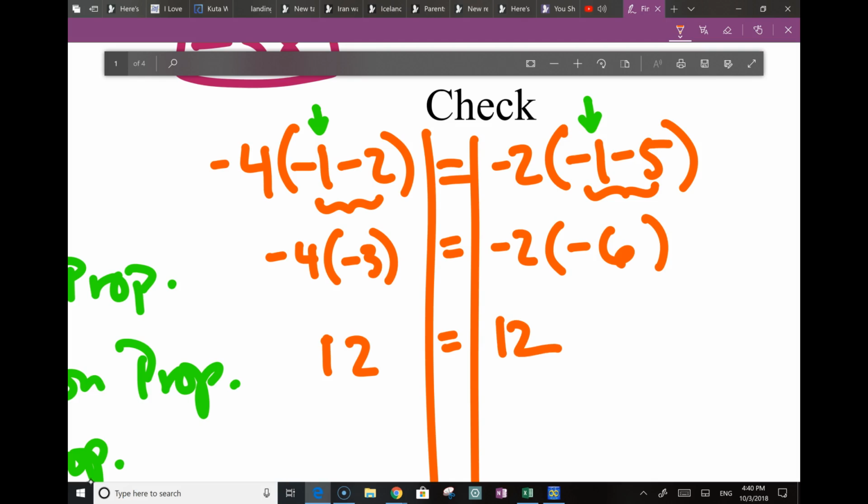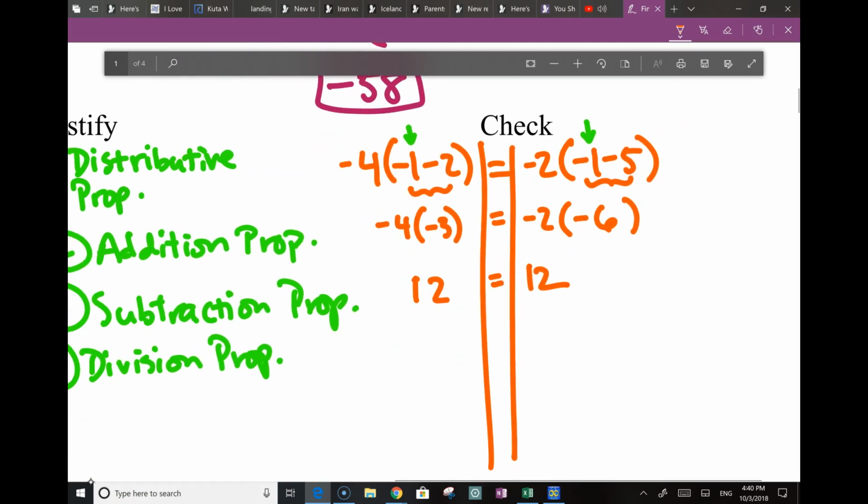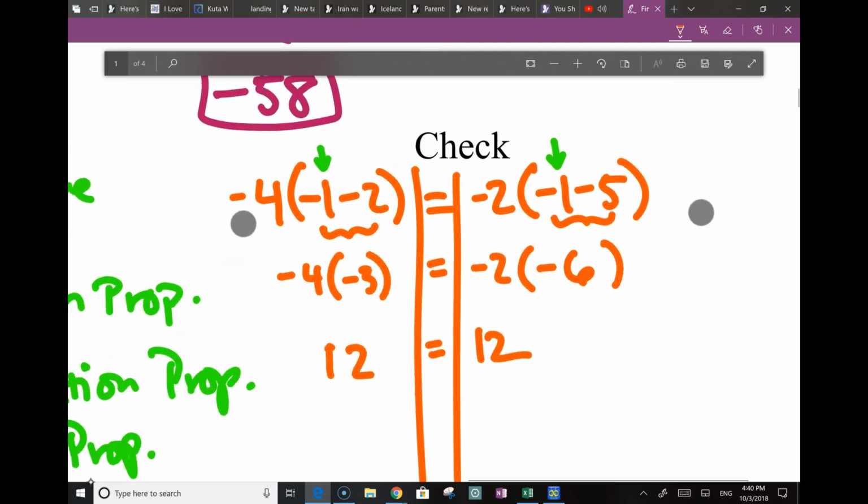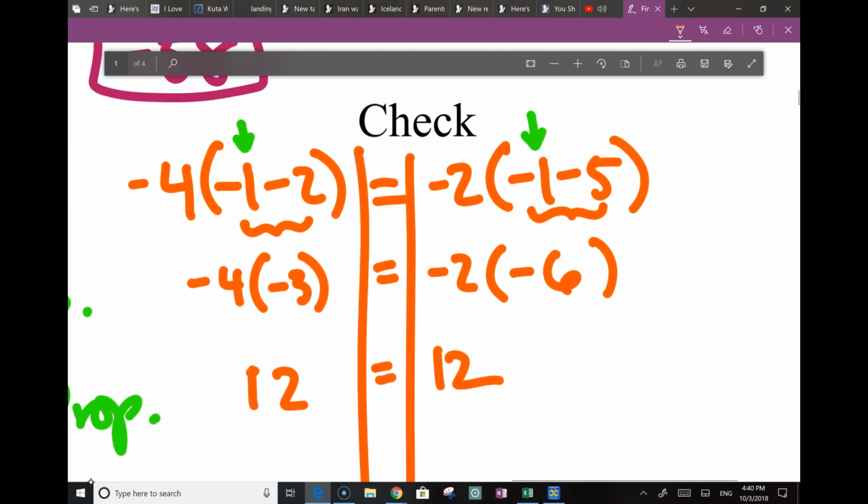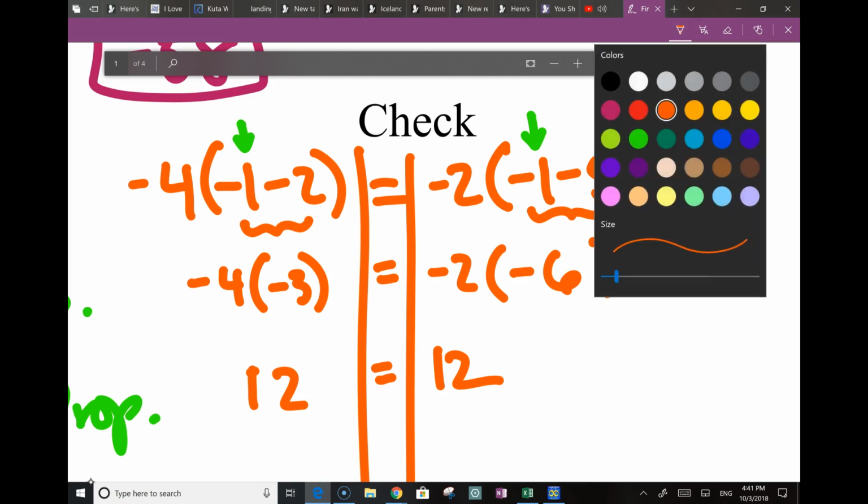Now, what does that mean? Well, what it means is this. When I put in my answer, -1, here and there under the green arrows, what it did was it took the left side and right side of the equation and it turned both of those sides into the same value, which was the number 12.